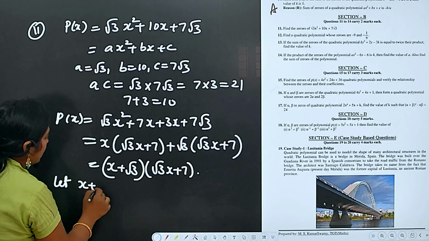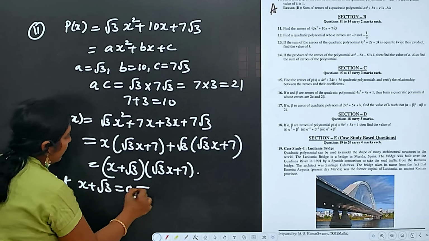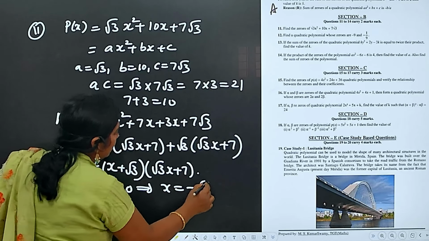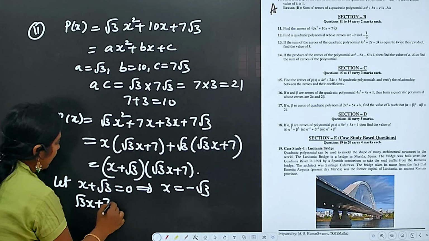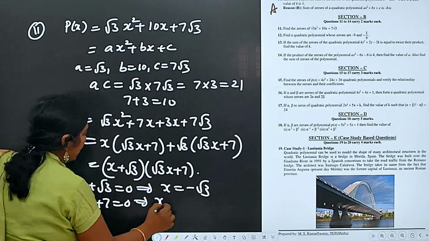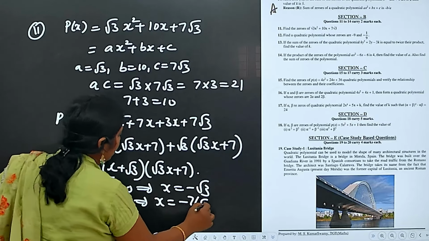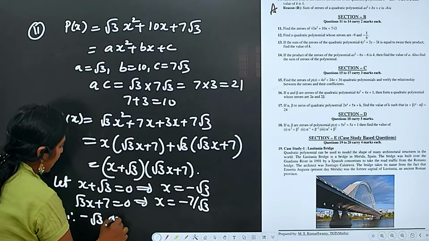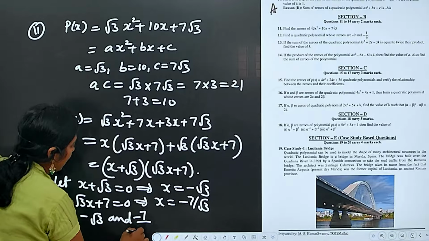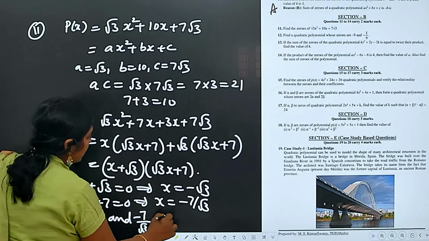Let x plus root 3 equal to 0, from this x equal to minus root 3. Root 3x plus 7 equal to 0, from this x equal to minus 7 over root 3. Therefore, minus root 3 and minus 7 by root 3 are zeros.